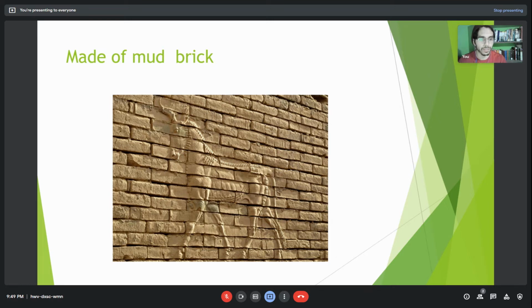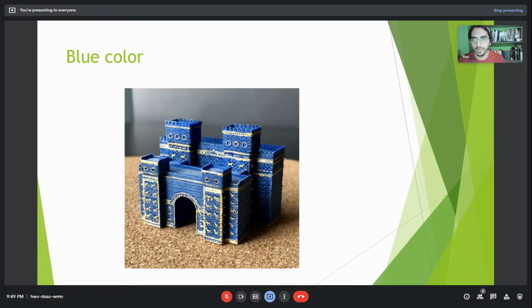They used it in portraits of kings, and even the kings had blue beards because that was a sign of their masculinity, their virility, and their ultimate power. So this is the blue color that I was talking about. They wanted to emit that color in this gate, and as I told you, this represents power for the kings.